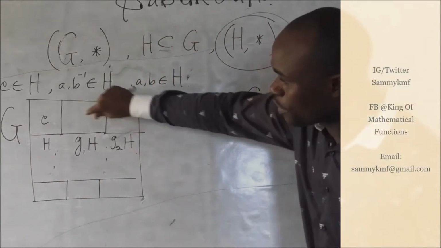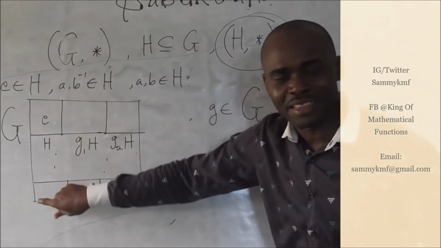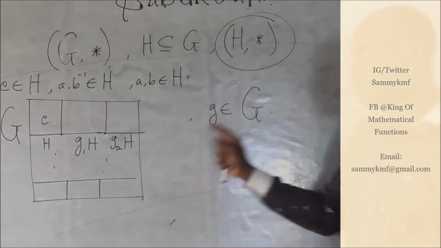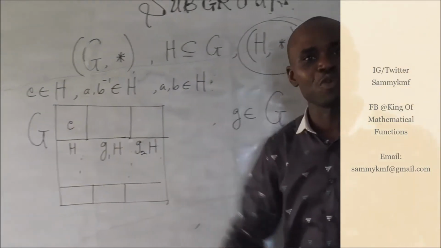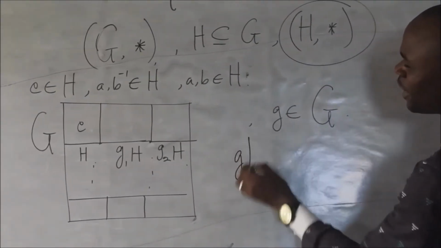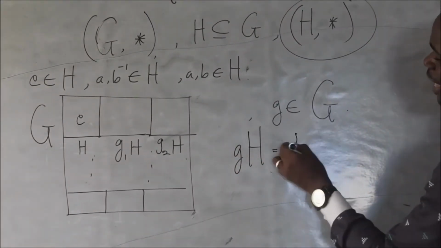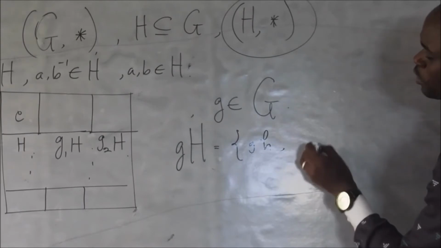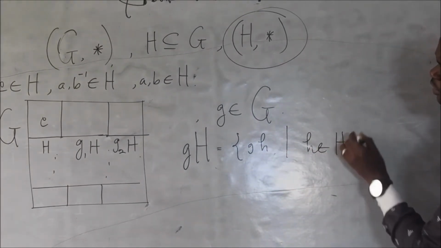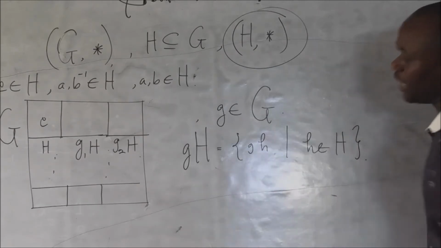Now, those sets we create by simply multiplying one element from the group by this particular H are what we call the cosets. So we have GH, which is the same thing as gh such that h is in H itself, and taking note that g is in G.